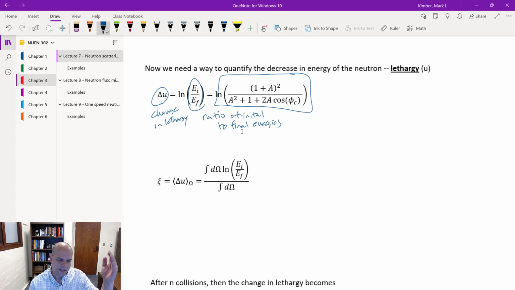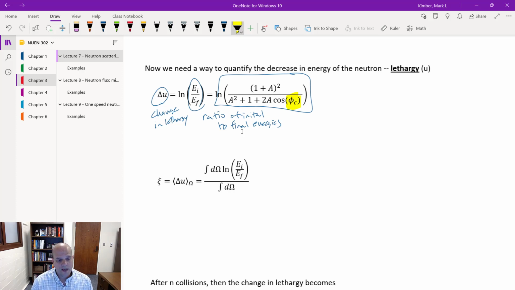Up until now we were expressing that in terms of the percent change in energy of the neutron and percent increase in the heavy particle of the target. But now we're just going to express it in terms of this lethargy. And as a reminder, this is a function of that scattering angle.